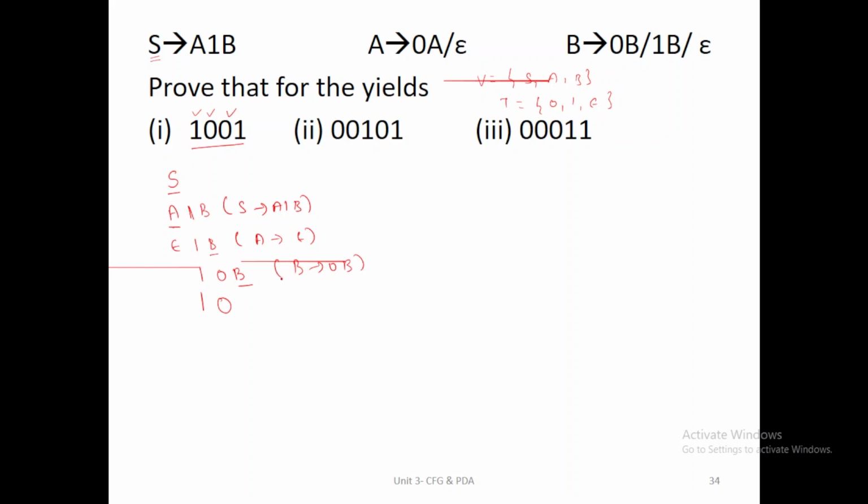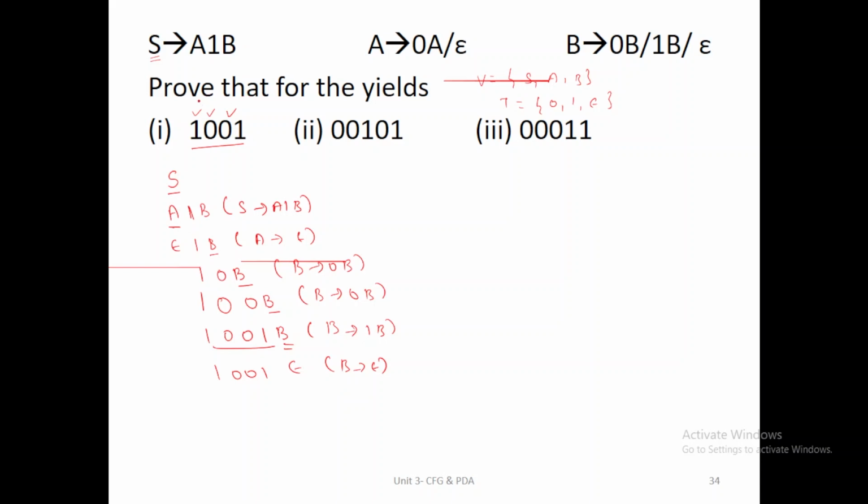The third symbol should also be 0. So B once again is replaced, B implies 0B. So the first three symbols are derived. Then this B will be replaced with the second production, that is 1B. So B implies 1B. So there are four symbols available. Then the last one should be replaced as epsilon. The remaining symbols are the same. So B implies epsilon.